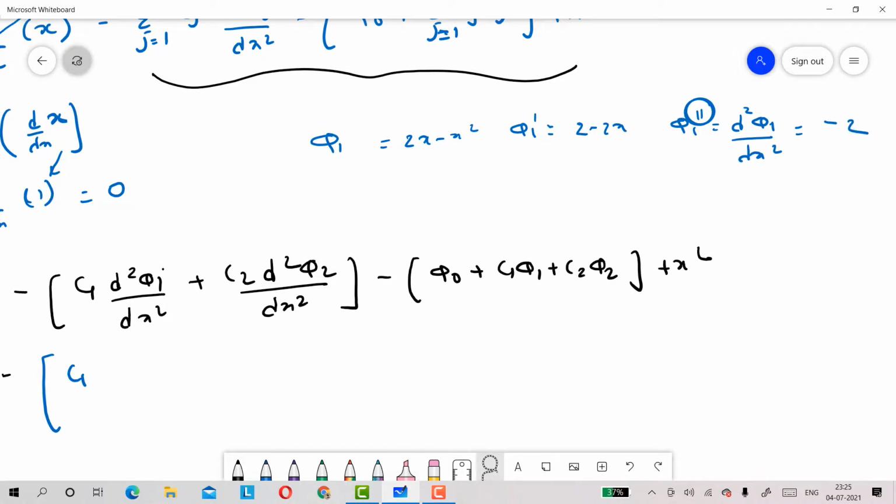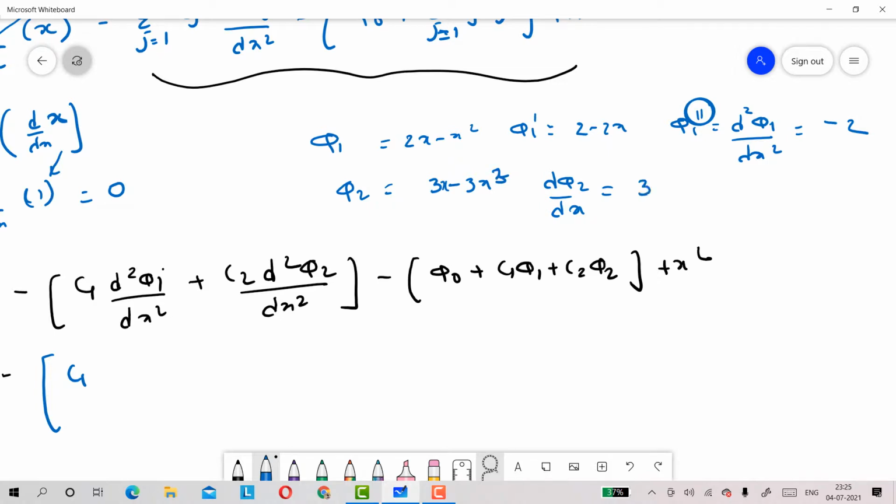Similarly, our phi 2 equals 3x minus x cube.